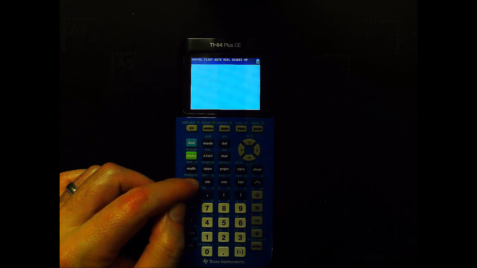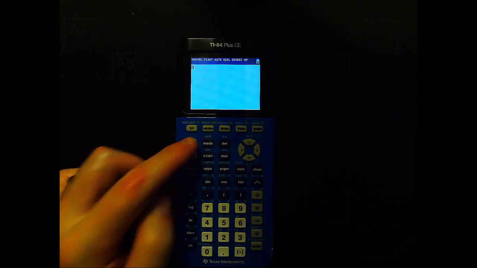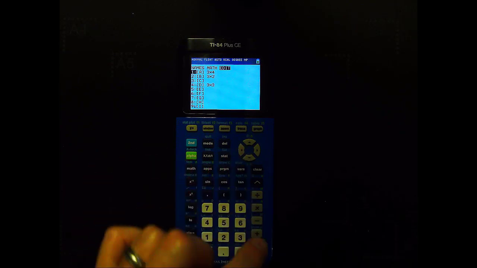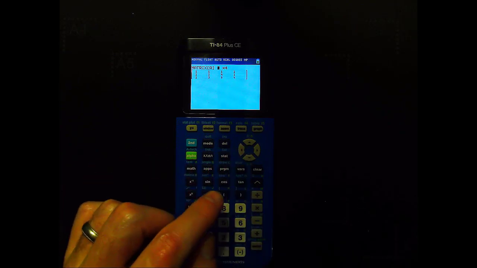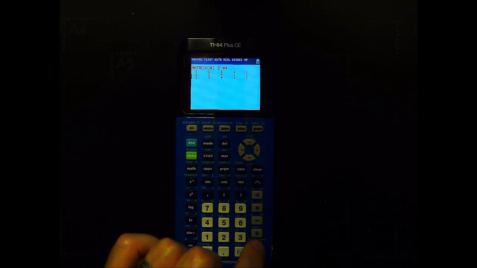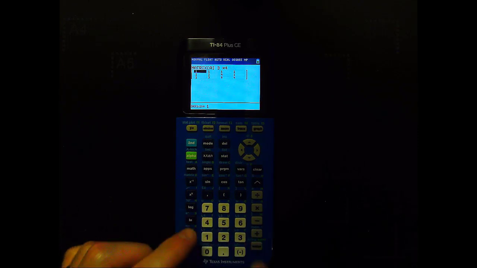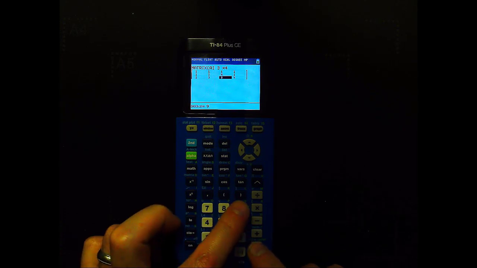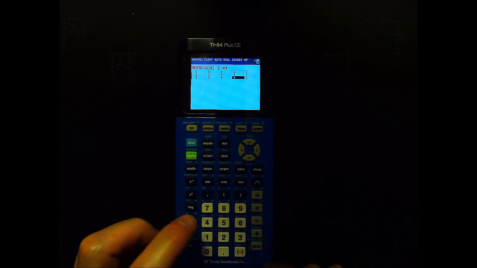We need to enter the coordinates of this matrix into our calculator. So I'm going to press second and then matrix. We need to edit this, so I'll go over to the edit and hit enter. Our matrix is 3 by 4. The coefficients then were 1, 1, 1, 1, 1, 2, 4, 1, 1, 3, 9, and then 4.